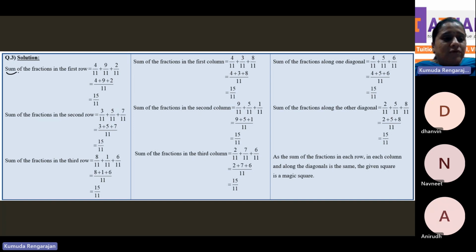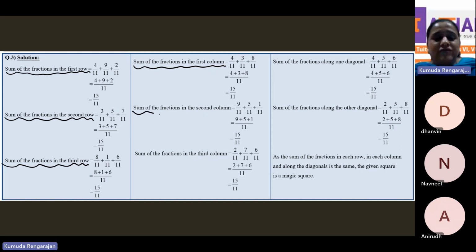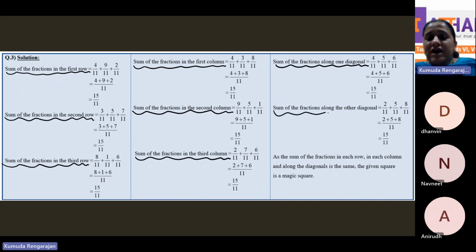So see here, sum of the fractions in the first row, second row, third row. Then sum of the fractions in the first column, second column, third column, sum of the fractions along one diagonal, sum of the fractions along the other diagonal.